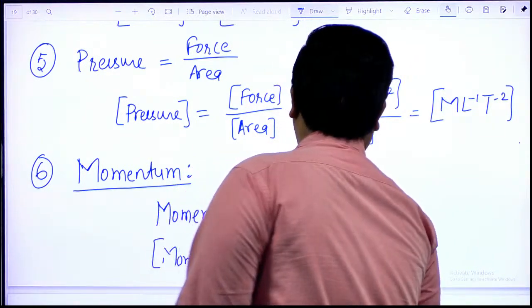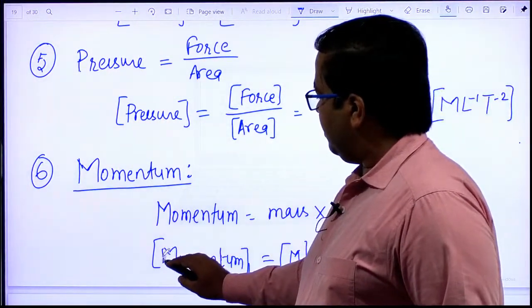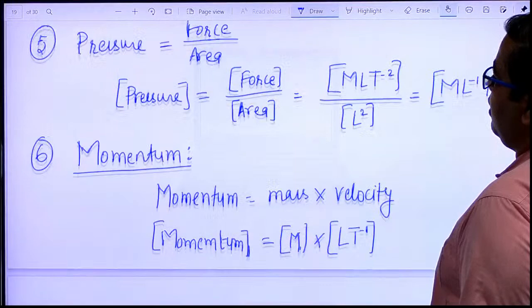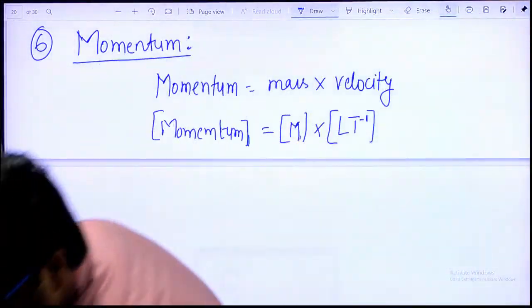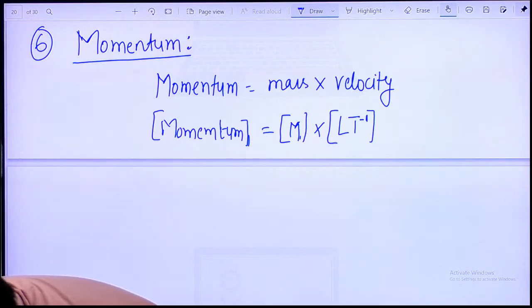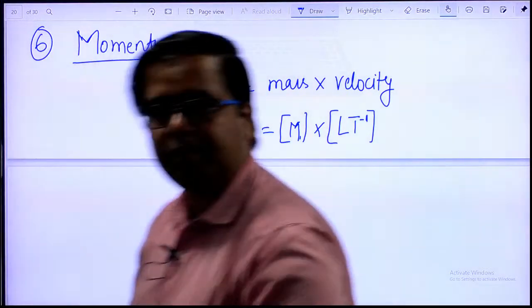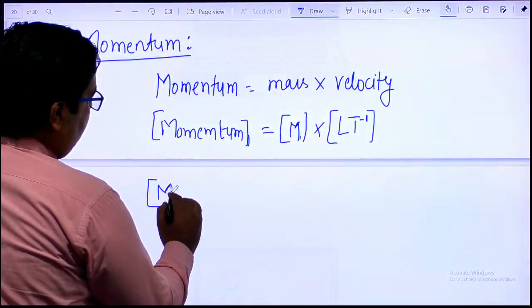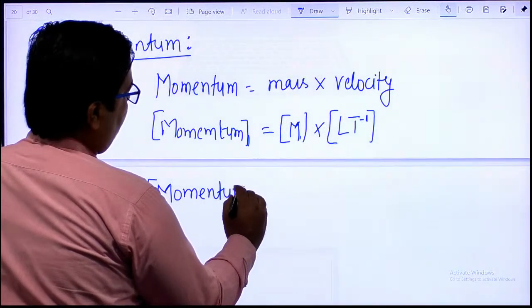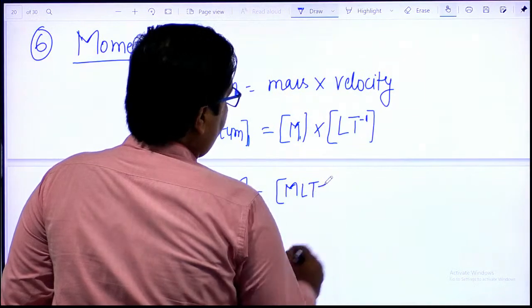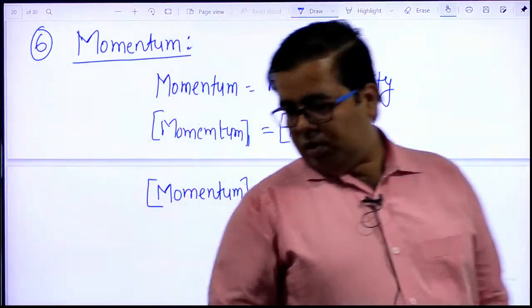So the dimension of momentum is equal to M L T to the power minus 1. Okay.